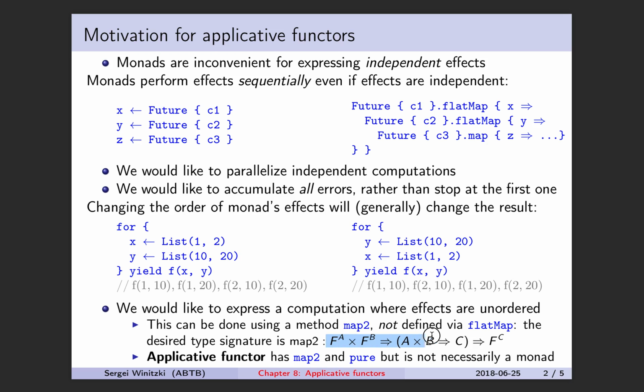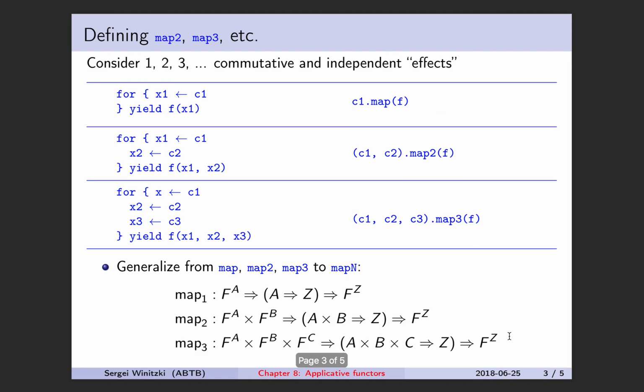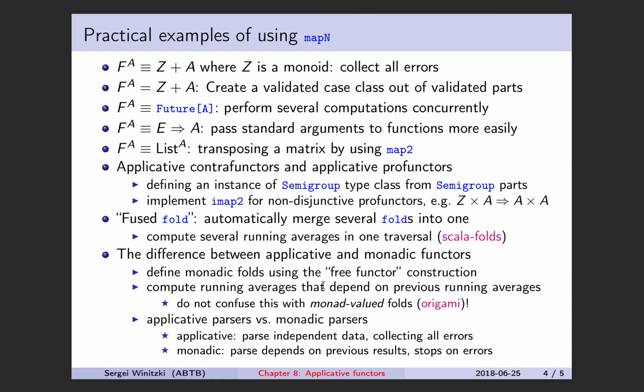I show the type signature of map2. And most of what we work with in this chapter is based on map2 and its generalizations. I show map1, map2, map3, how these are easily generalized one after another into map n.